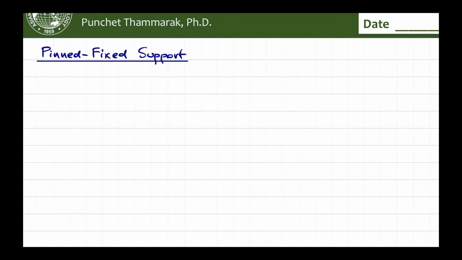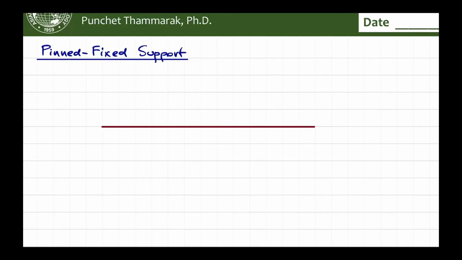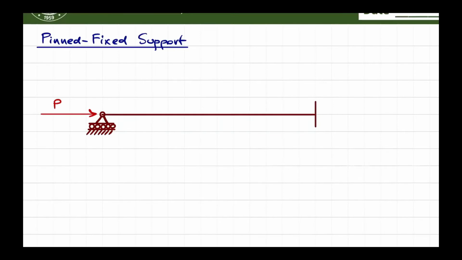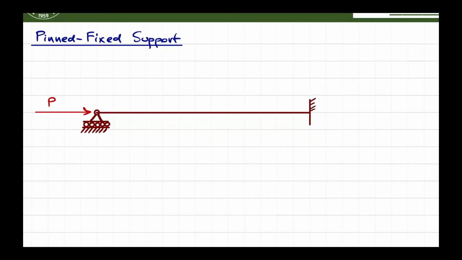Pin and fix support. One side pin, one side fix. Load P, P as well.